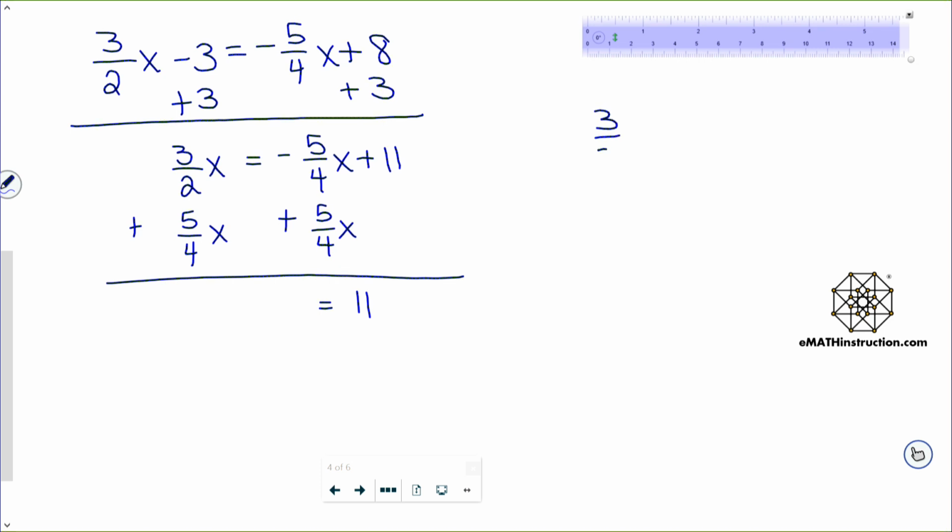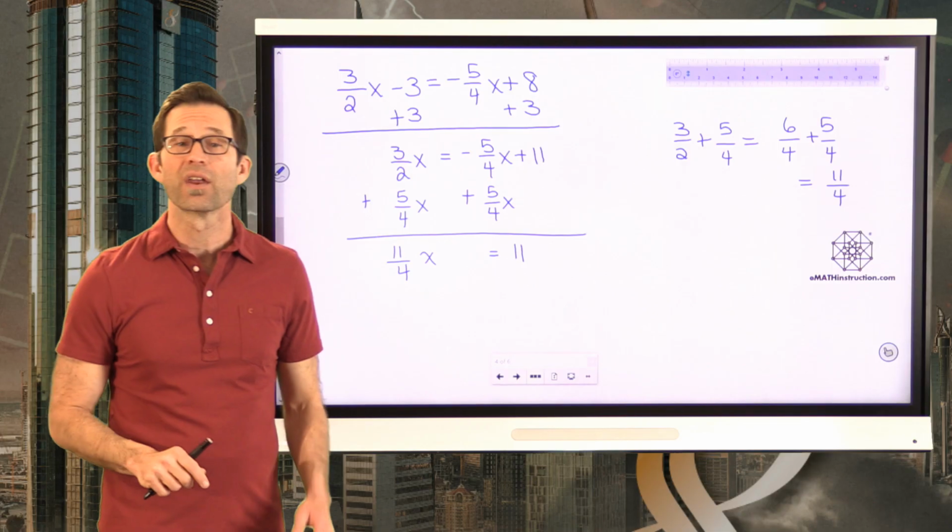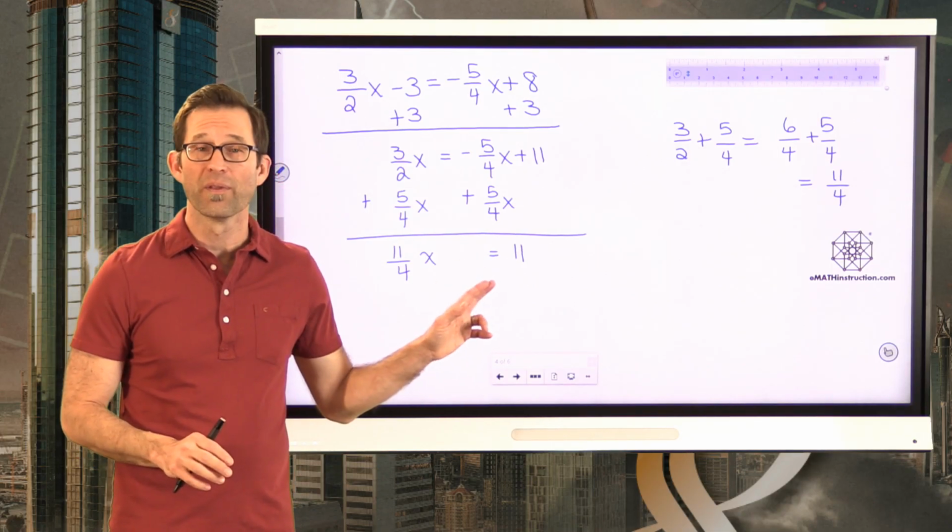But that's really all about what 3/2 plus 5/4 is. We know with fractions we have to have common denominators. The most convenient common denominator on this one will be fourths, and specifically we'll get 11/4. So 3/2 x plus 5/4 x is 11/4 x, which is sitting an awful far away from the equal sign.